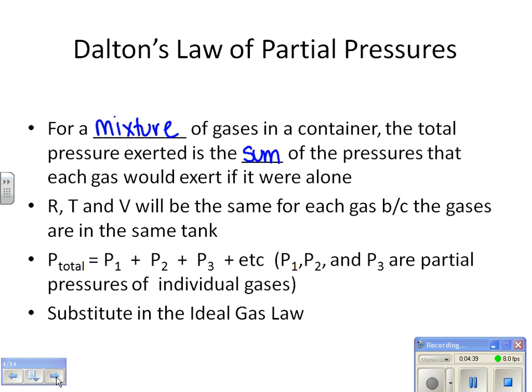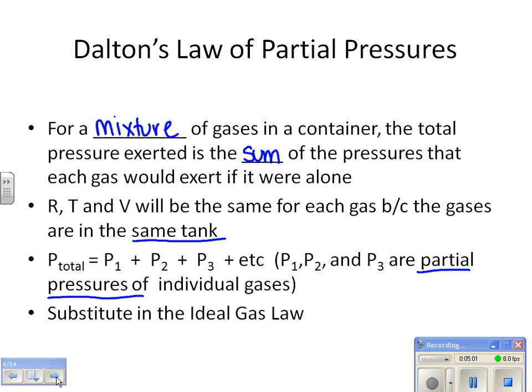Notice that R, T, and V will be the same for each gas because the gases are in the same tank, so their temperature and their volume is the same. The total pressure is equal to the individual pressures, P1, P2, P3. Those are called partial pressures, the pressure of each individual gas.